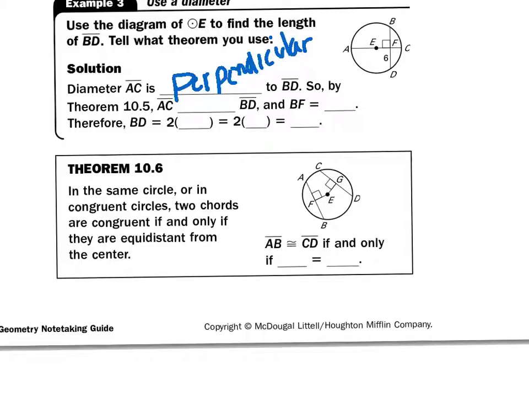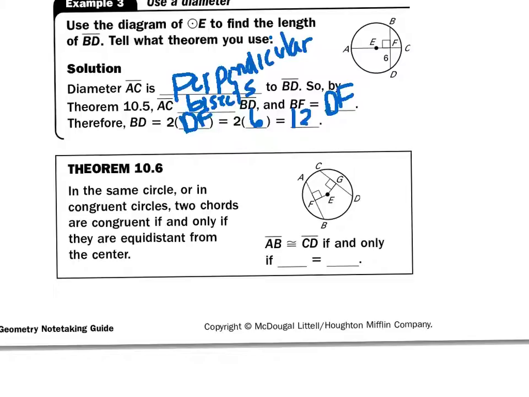So, by theorem 10.5, AC bisects BD and BF equals DF. Therefore, BD equals twice DF, and that equals 2 times 6. So the whole thing is 12.